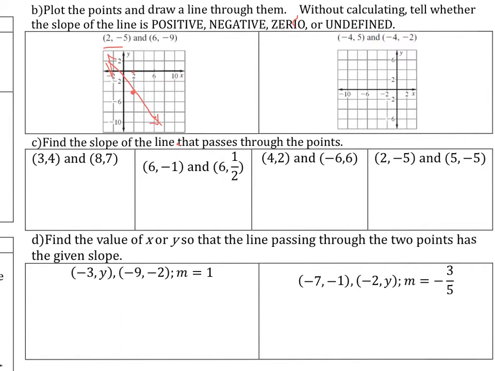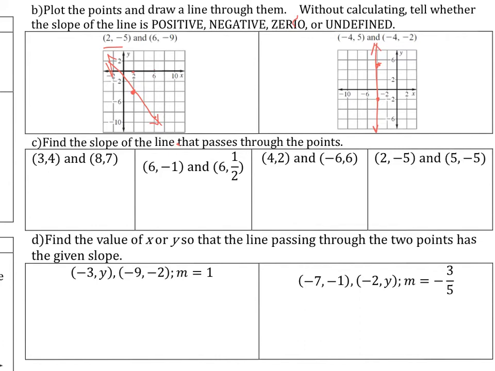And then for this one, -4 and 5, about right here. Okay, and then -4, -2. And the line's vertical.